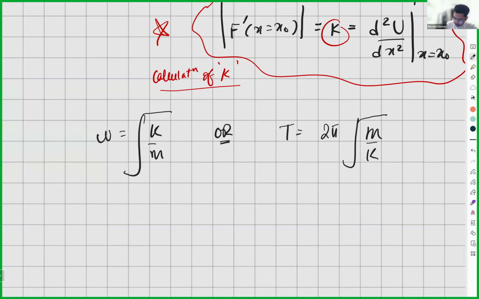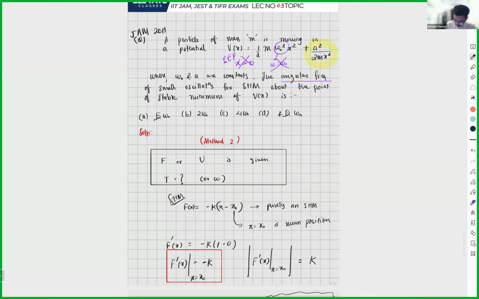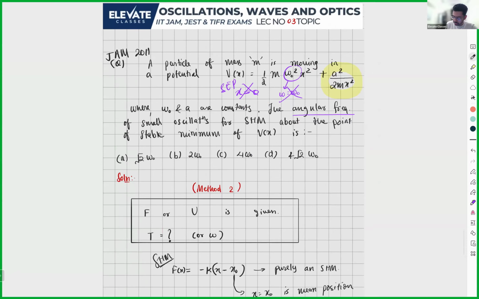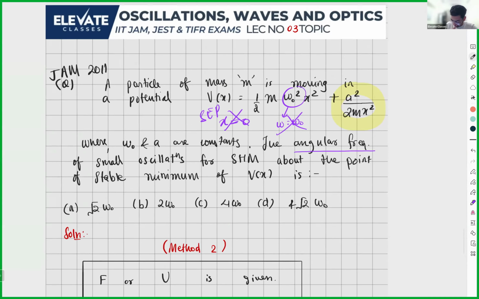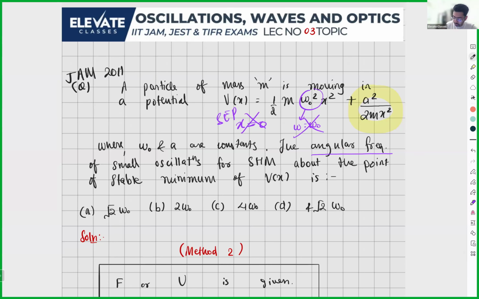Now this problem is very simple. U is given to you. Just take the double derivative and also find the mean position first. Then put the mean position into the double derivative and you'll get the answer.